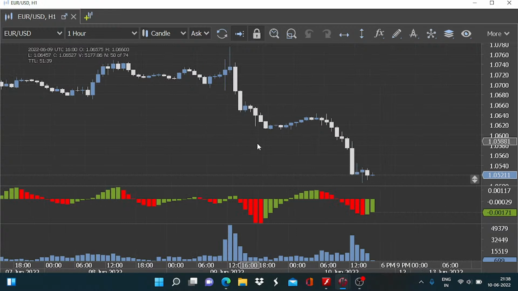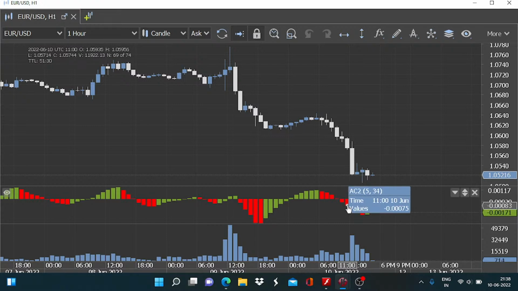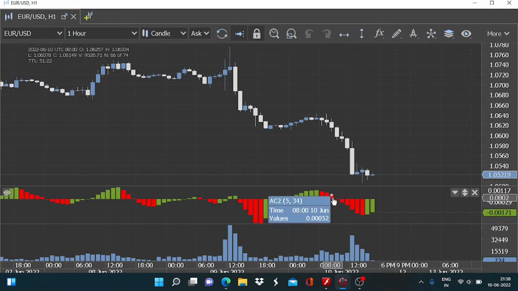So for that, we will be considering the output value of the acceleration deceleration oscillator for the last couple of hours. We will compare the last 1 hour's AC output with the AC output of the prior hour, and then we go back in time and consider the AC output of the hourly candle which had closed 4 hours back, and it should have been in the bullish territory.